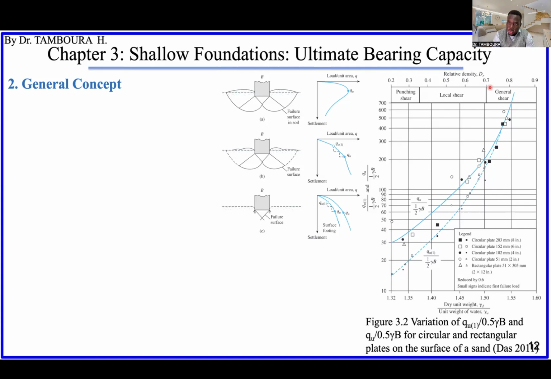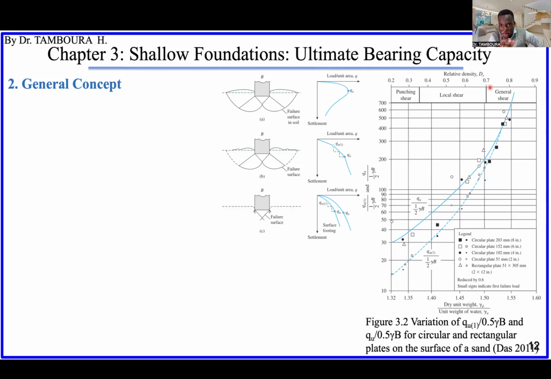This is the indicator of the density of your sand, to say of your soil, whether it is dense, loose, or medium dense. Okay. In the first chapter, we talked about this, and we saw the range of values of relative density corresponding to each state of densification of soil. Okay. For dense sand, the range of relative density is given, and likewise for medium sand and loose sand.